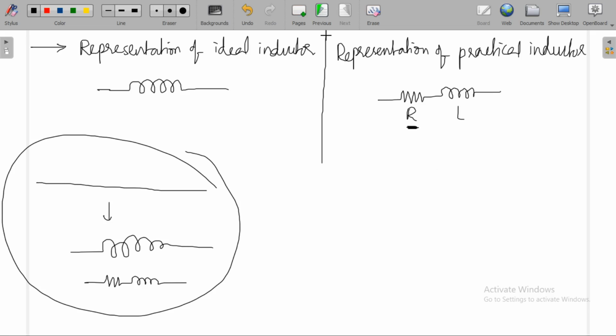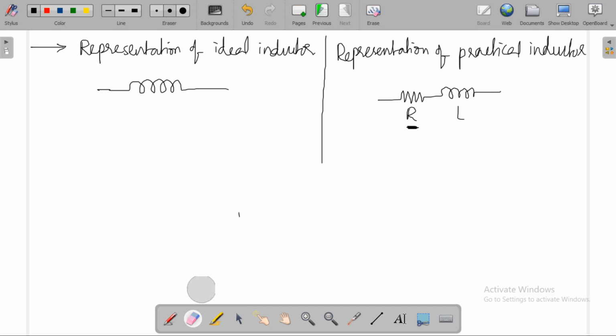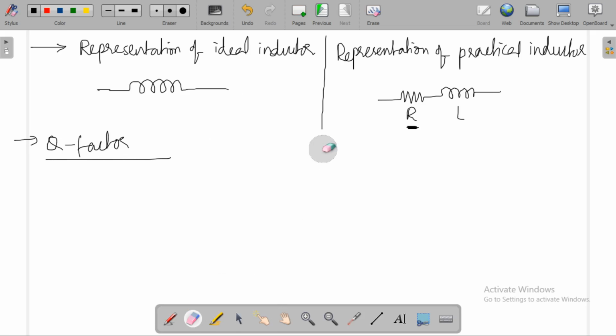Now let me discuss about Q factor, quality factor. Q stands for quality.